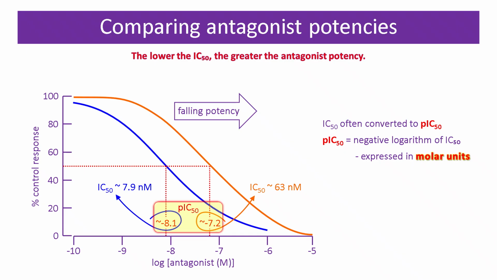It also inverts the scale, so that although the more potent antagonist has a lower IC₅₀, it has a higher pIC₅₀. This leads to a simple rule. The higher the pIC₅₀, the more potent the antagonist.